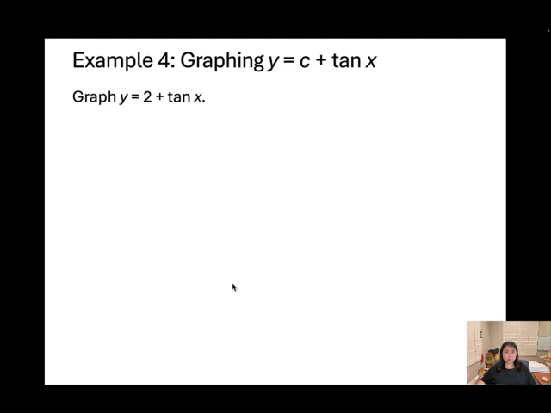Okay, example 4. Graphing y equals 2 plus tangent x. Think about it. What happens when you add an integer to a graph? Remember that we learned it from algebra, y equals c plus f of x. When you're adding 2, you're going to move the tangent x 2 units upward, right? 2 units upward.